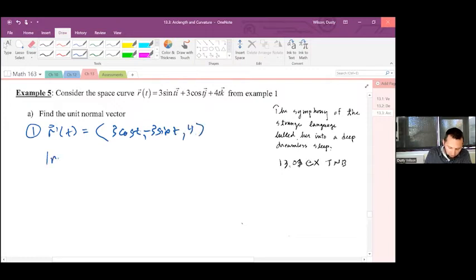And the magnitude of r prime of t, which will be the square root of 9 cosine squared t, plus 9 sine squared t, plus 16.